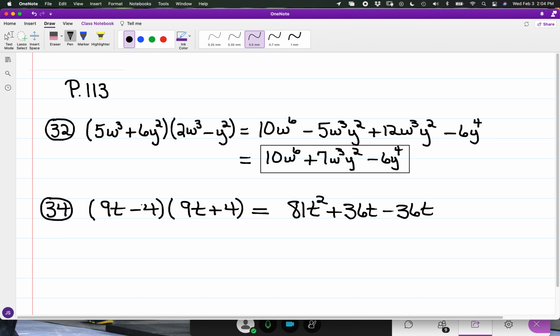And the last product, we have negative 4 times 4, so we have a minus 16. Again, the outside and the inside products cancel, and the resulting difference of squares is 81t squared minus 16.